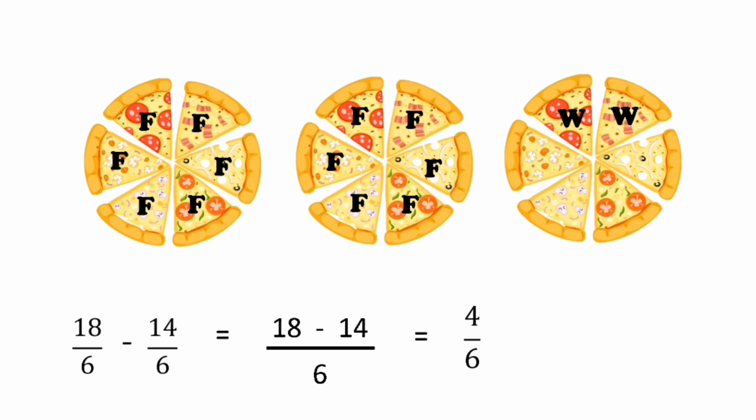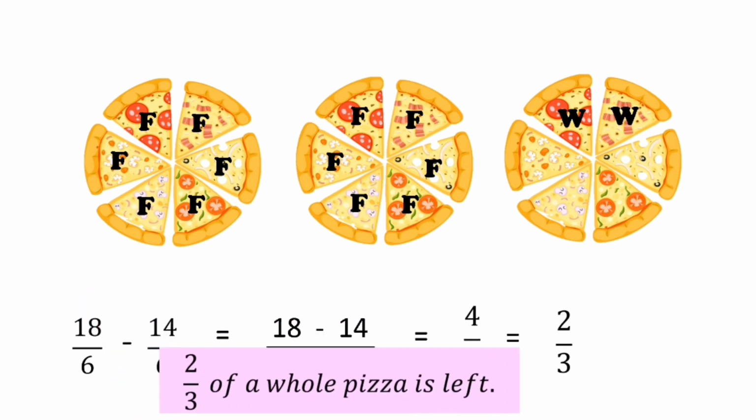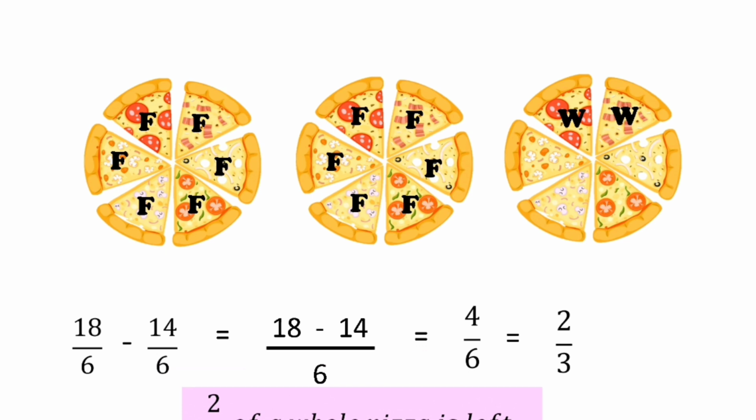So we can say 2 into 4 goes 2 times, and 2 into 6 goes 3 times. So we will now have a simple fraction of 2/3. And this means 2/3 or 4/6 of a whole pizza is left. So the 2 pizzas were eaten by the friends and 2 slices came from the third pizza to leave 4/6 or 2/3.